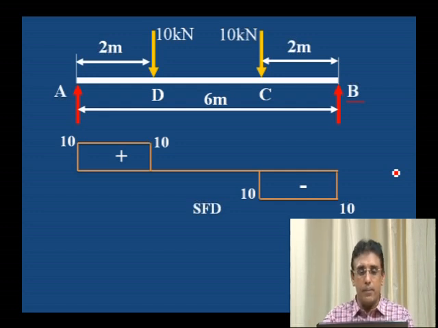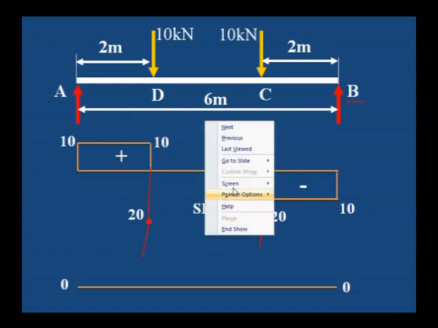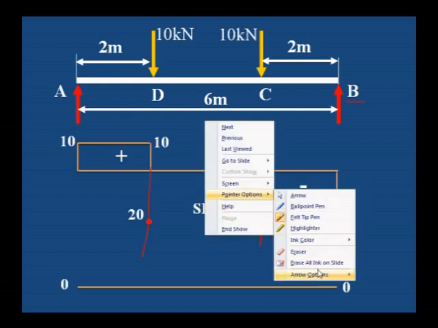To draw the bending moment diagram, first draw the horizontal line, then mark the bending moment values at D point and C point. These are the two values, 20 kilonewton meter each.